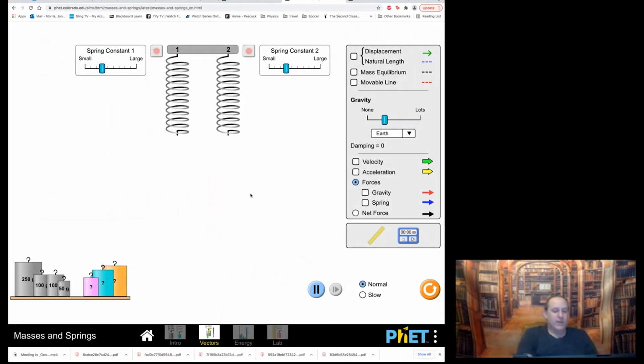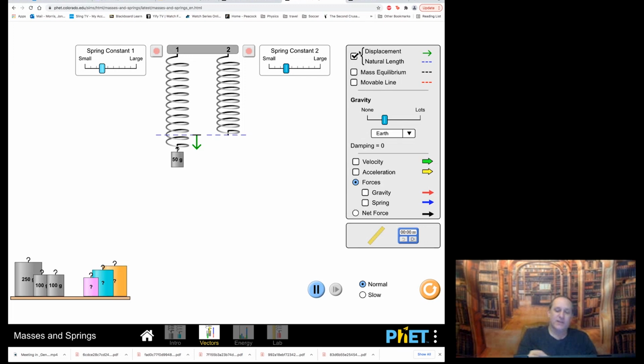Okay, so here we have a couple of springs. We can change how big the spring constant is, making it a fat, thick, robust spring, or a very skinny, light spring, or we can keep it just at the default value. And when I place a mass, it stretches the spring out a little bit away from the equilibrium position or from the natural length.